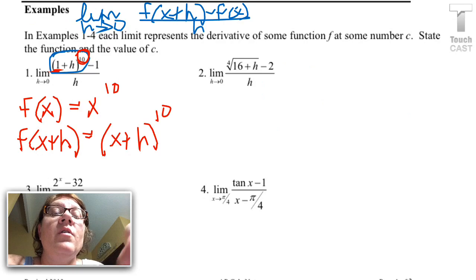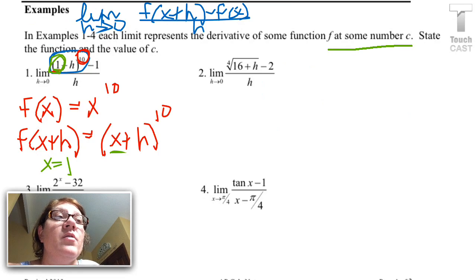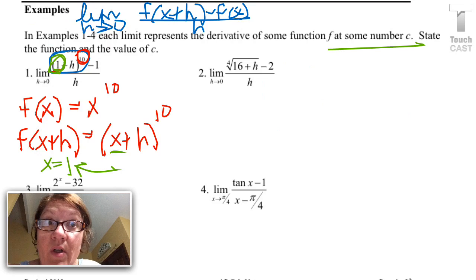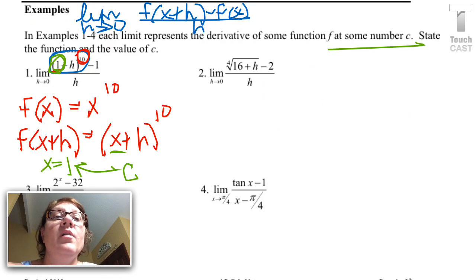And then they've used some value to plug in for x. Well, what does it look like they plugged in for x? Up in here, it looks like they used x equals 1. And so therefore, because it says at some number c, it looks like that number c is 1.